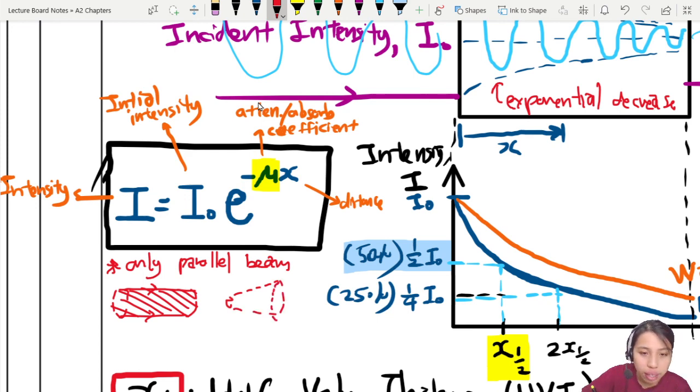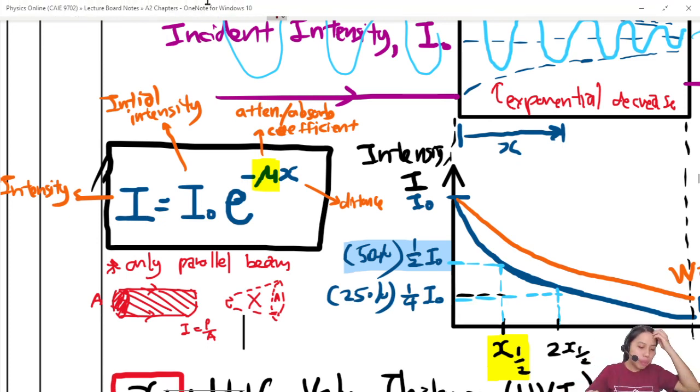Because here your area is changing, so your intensity is also changing, because intensity is power per unit area. So in the first one, the area is the same throughout the beam, or almost the same. But if your beam is spreading out too much, this area keeps changing. So we don't want this. We only use parallel beam, so we try our best to get parallel beams.